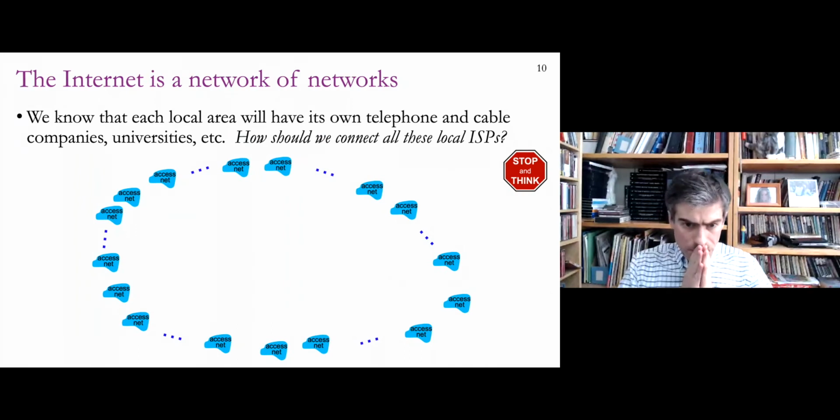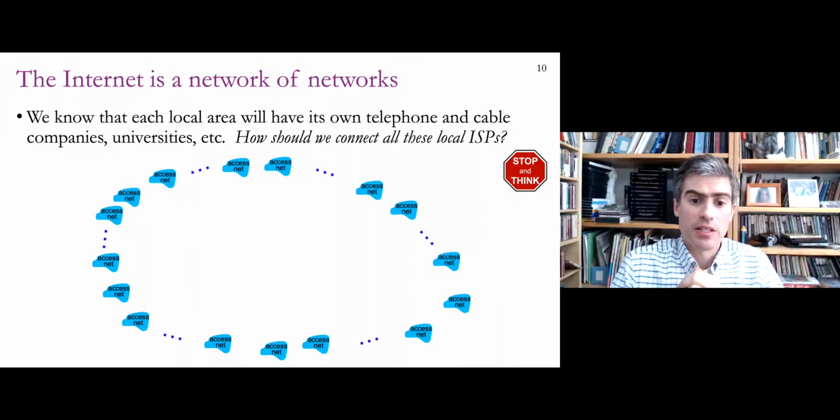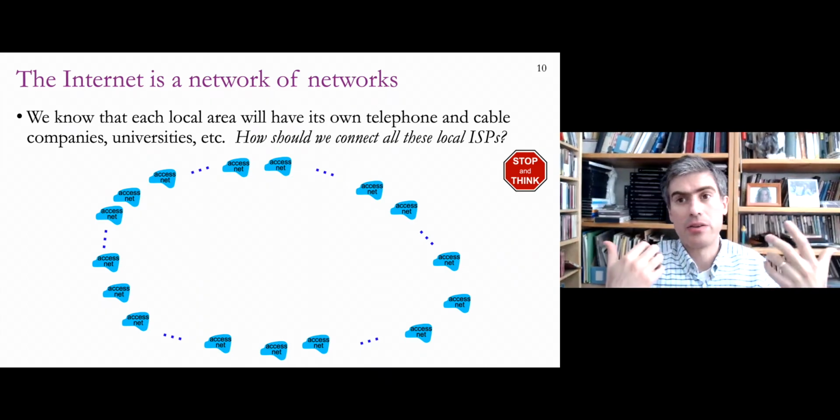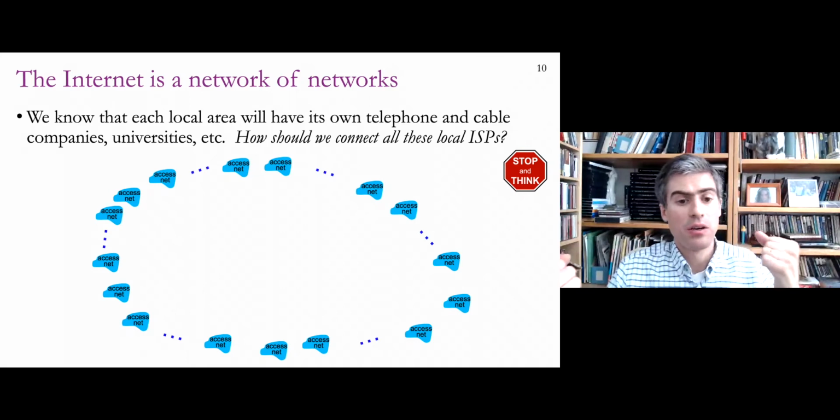Okay, so I mentioned in the first lecture that the internet is a network of networks, and that it's a distributed system where there's no one entity that decides what links should be built and who should connect to whom.